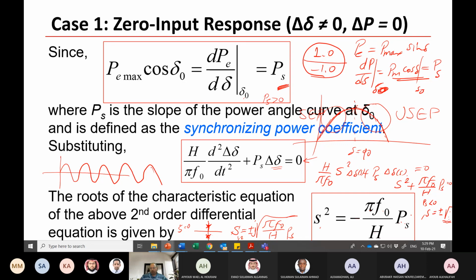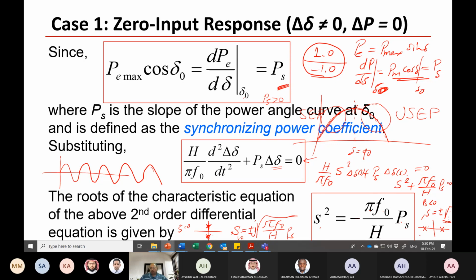So you have S square equal to plus minus square root of this quantity. So where are the poles now? One negative and one positive. Plus minus a real quantity here. So plus 2, minus 2.